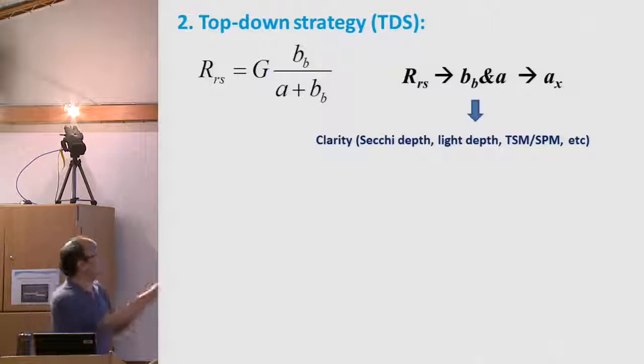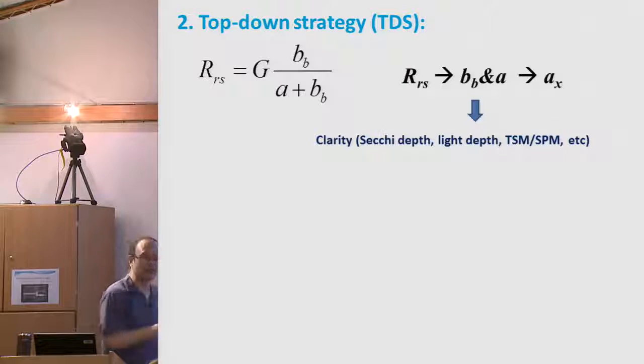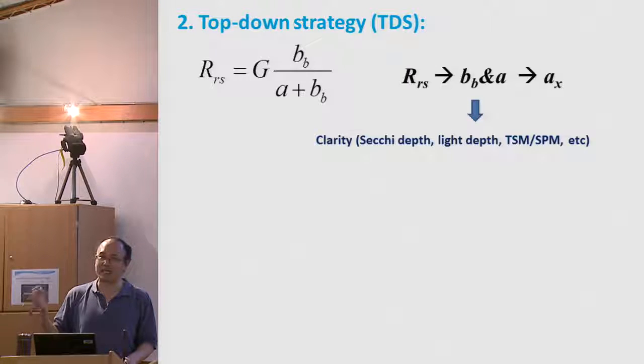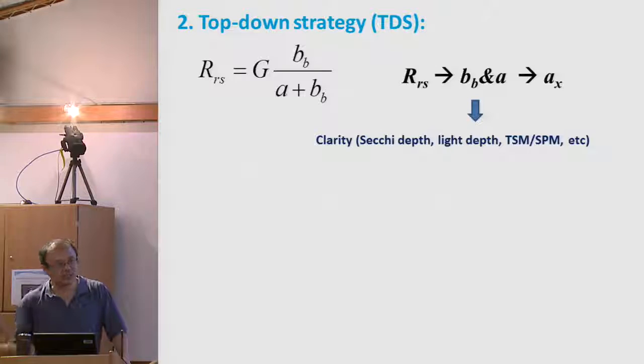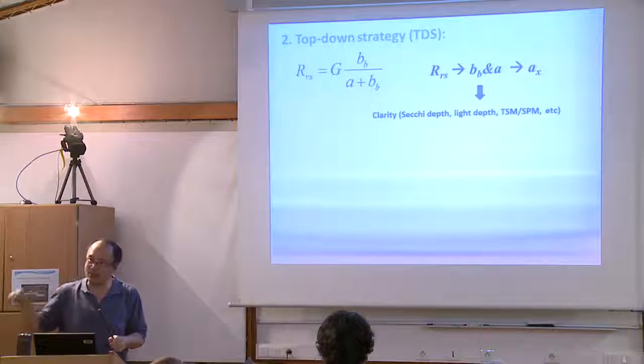You can use that to calculate suspended sediment, all those things, before you even try to get the APH and ADG. Because some of this environmental information is related to the total absorption and total backscattering, not necessarily the individual components. Certainly, we definitely want to know more, but that's a different question. We'll go from the A then to get the individual components.